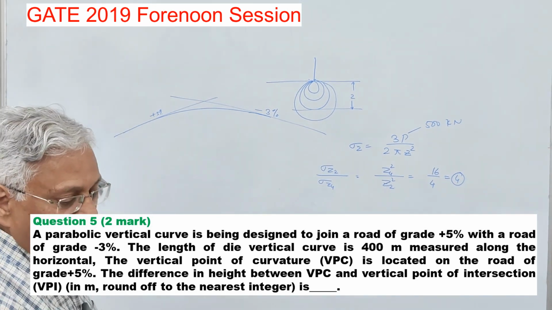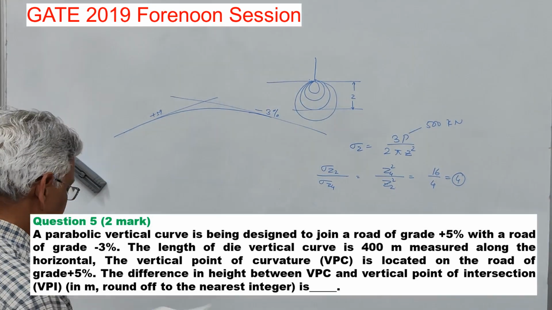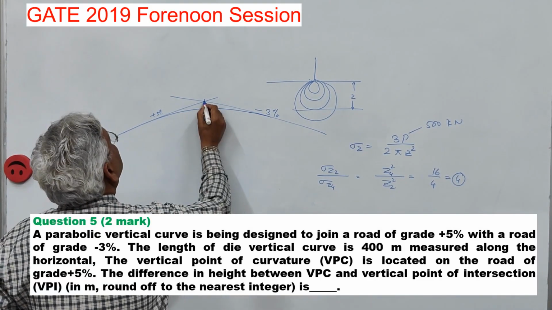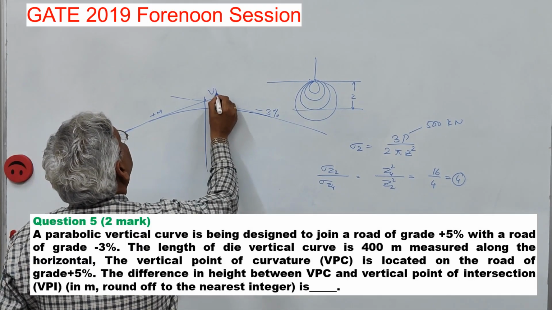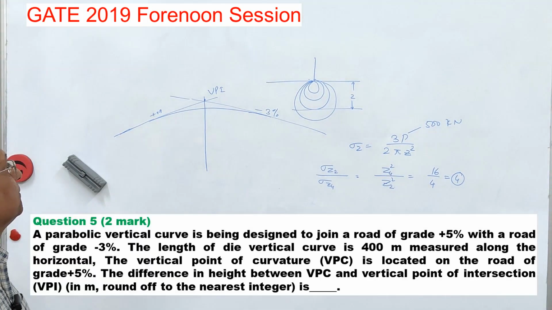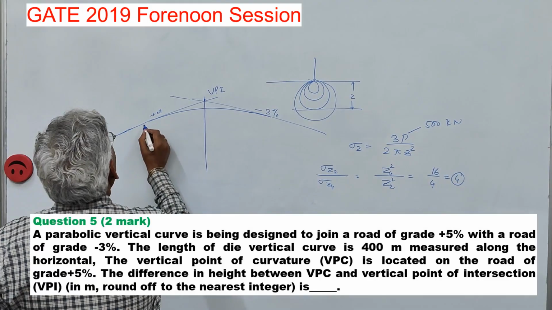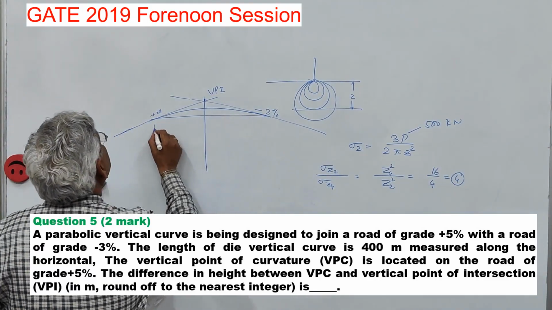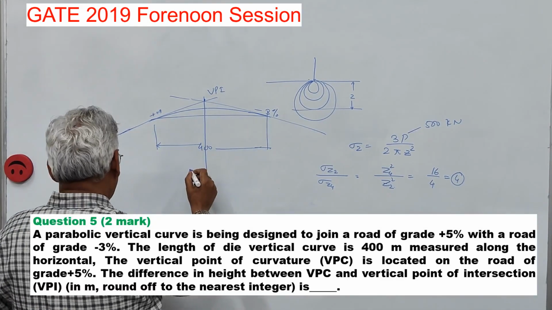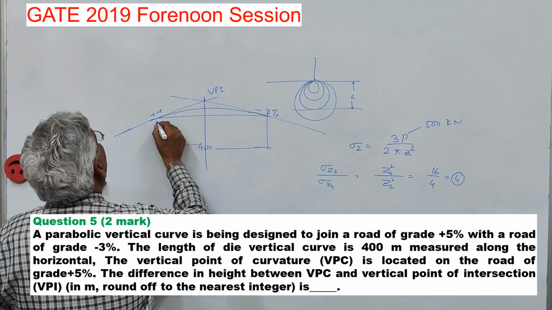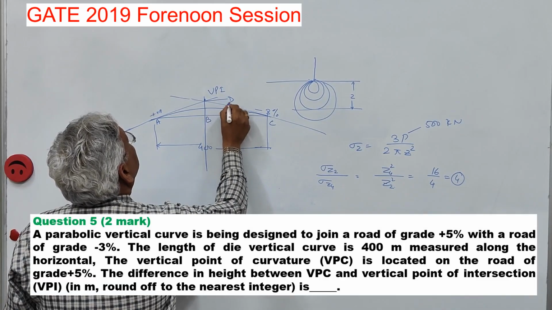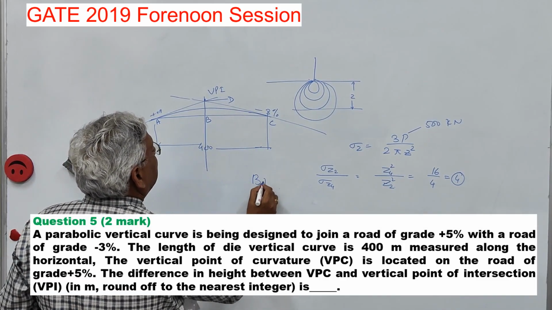integer is. Now here, what basically it says is that this is the point of intersection of two grades. This is VPI. Okay, that is vertical point of intersection. And this is the length of the curve, 400 meter. What is required here is, let us say this point is A, this is B, this is C, and this is, let us say, D. We need to know BD.